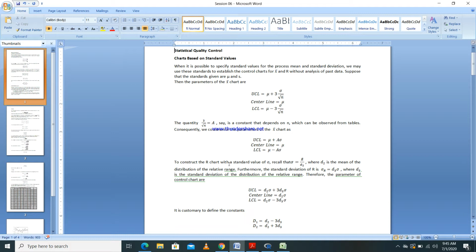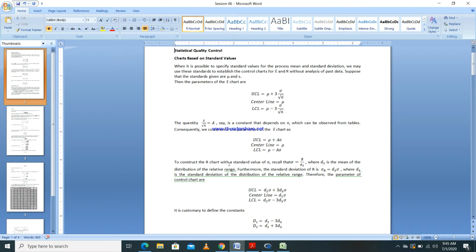In that case the center line is equal to mu, the population mean, the upper control limit is equal to mu plus 3 times sigma over root n, and the lower control limit is equal to mu minus 3 times sigma over root n.